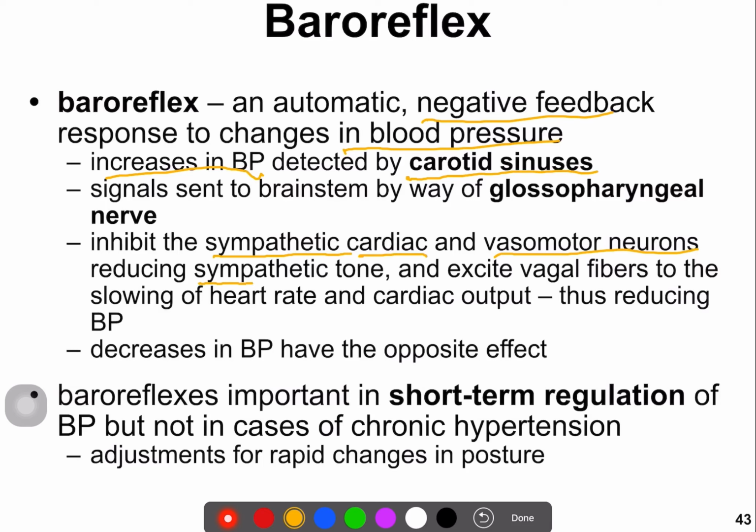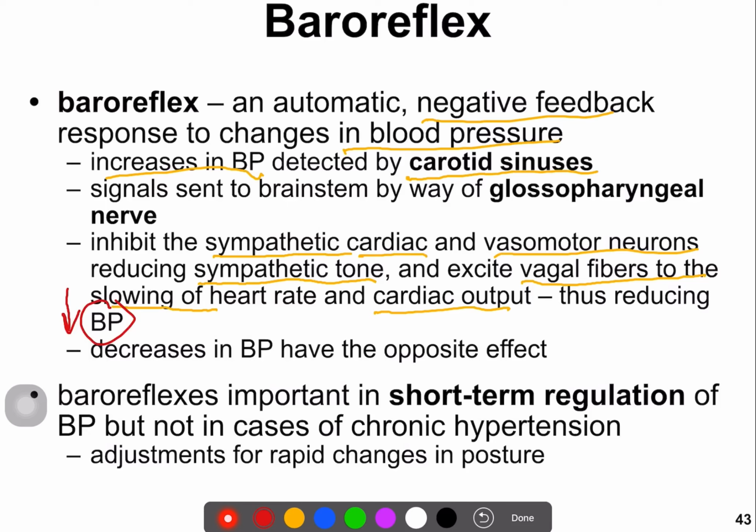And it reduces the sympathetic tone. It excites vagal fibers to slow the heart rate and reduce cardiac output. And the net result is we get a reduction in BP. And what if I have a decrease in blood pressure? Then I would be looking at the opposite effect.